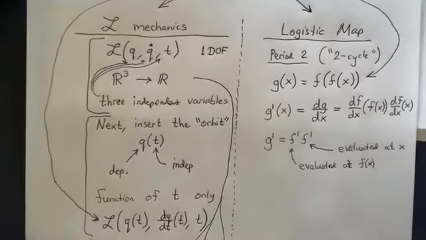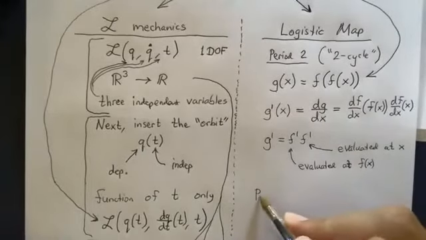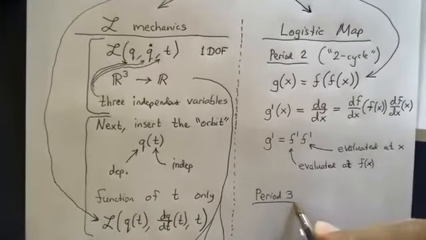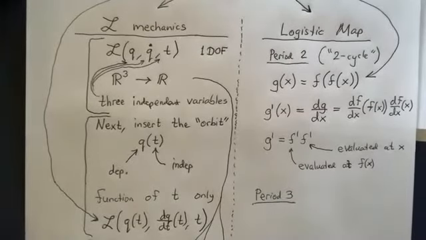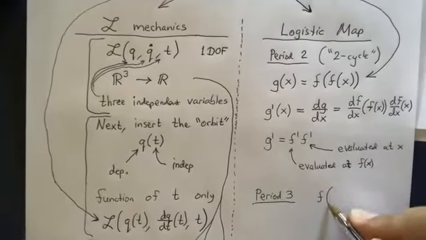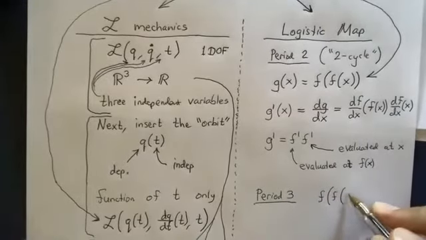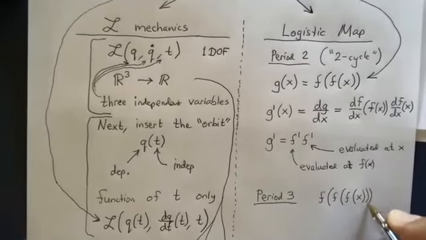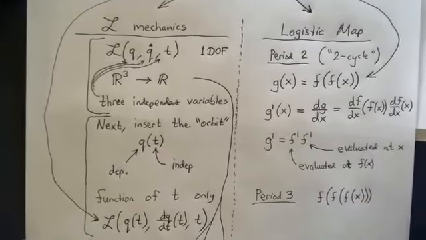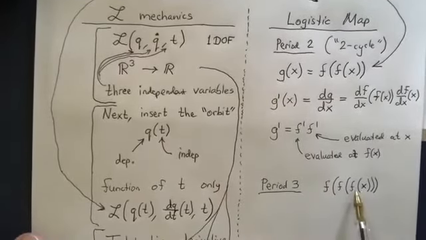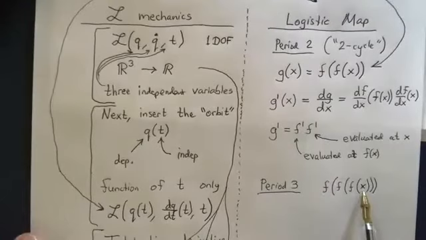Very similar construction here, period 3. Okay, for period 3, it's a nice collection of parentheses. What we're doing here, the story begins here with this number x.